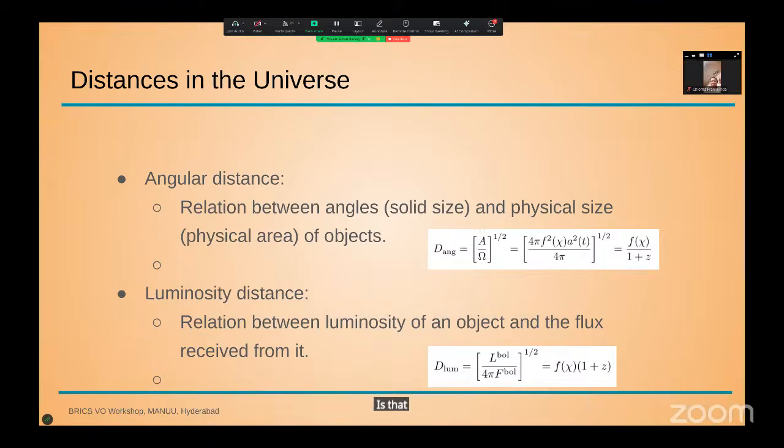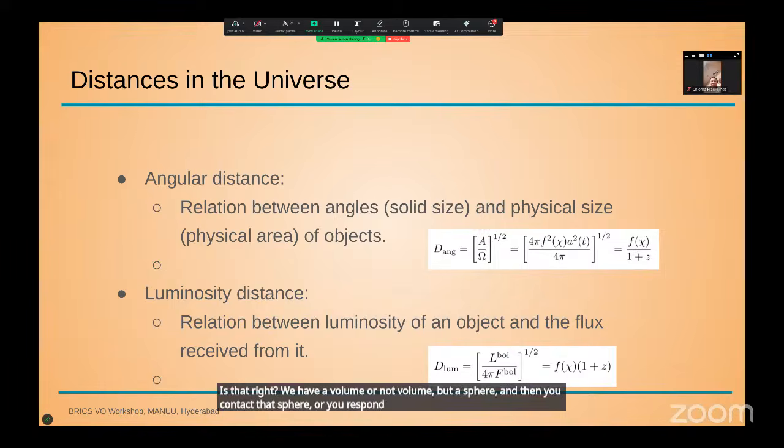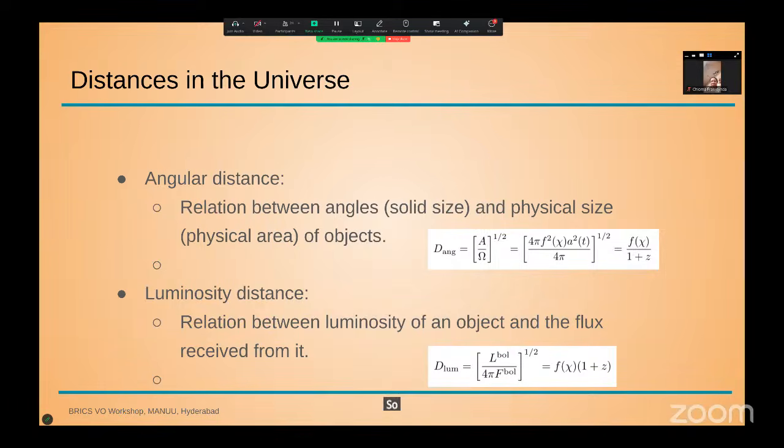Is that right? You have a sphere, and you contract or expand that sphere, it will still remain homogeneous and isotropic. Right? So the same thing you can do, a of t times the dl, and it will still remain homogeneous and isotropic. So you can calculate the surface area of that sphere.